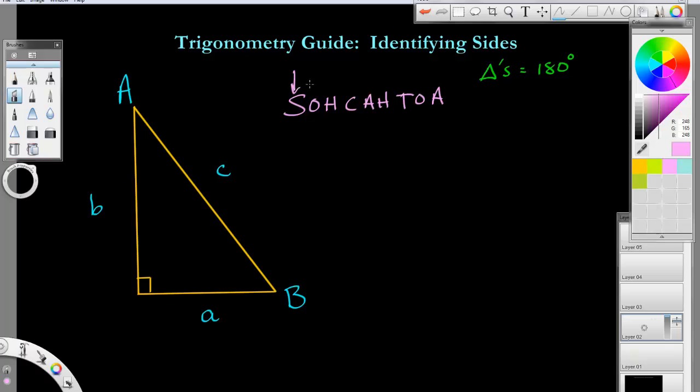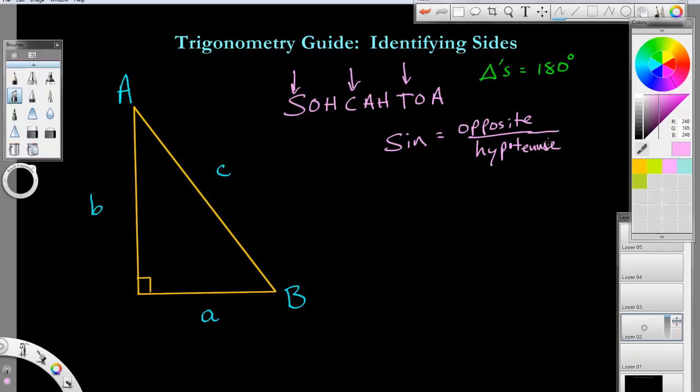Because this S stands for sine, this C stands for cosine, and this T stands for tangent. All right? So if we look at the sine, it equals the opposite side divided by the hypotenuse. Now, my goal of this video is to show you how to identify those sides, because if you can't do that, then you can't do anything in trig.